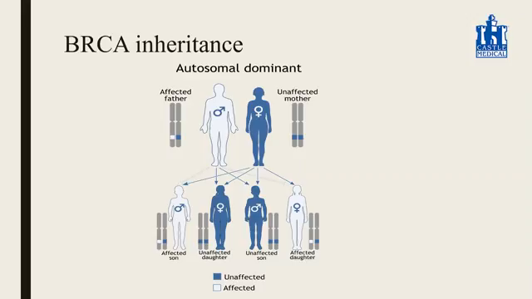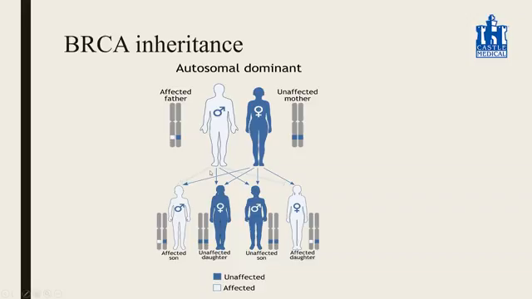Now, how is BRCA inherited from parents to their kids? The BRCA inheritance pattern is called autosomal dominant. It means, as I have previously discussed, every person has 2 copies of each gene. So even if there is one defective copy and the other copy is normal, it's still going to cause the disease.